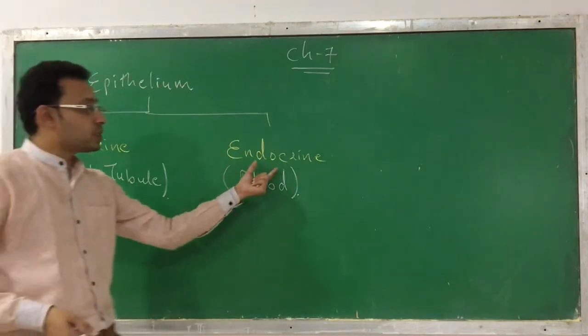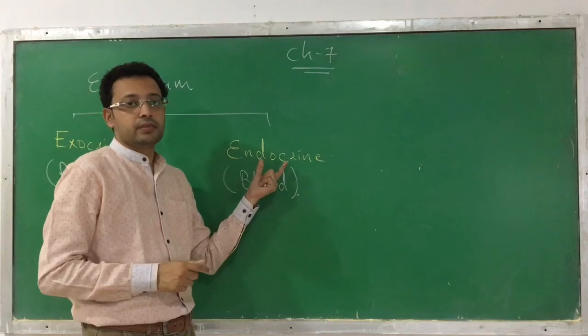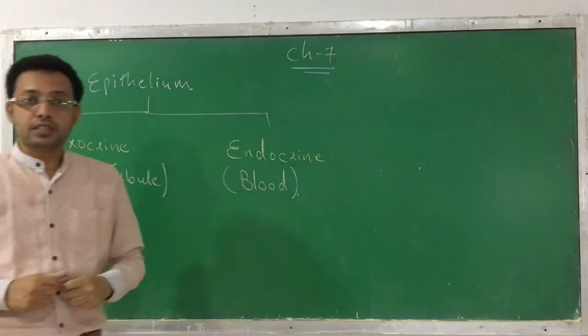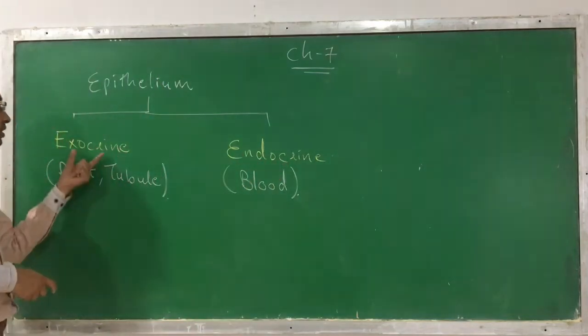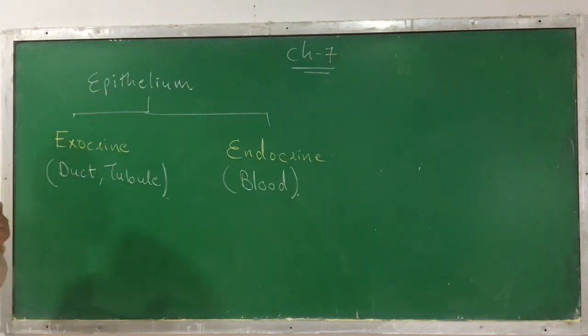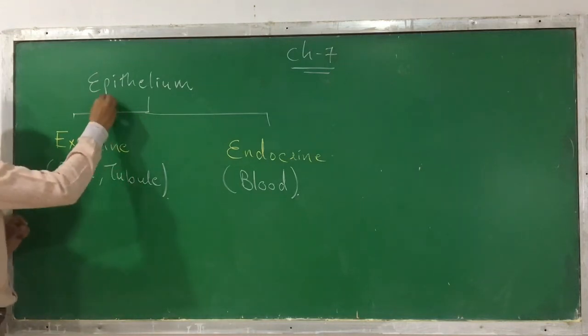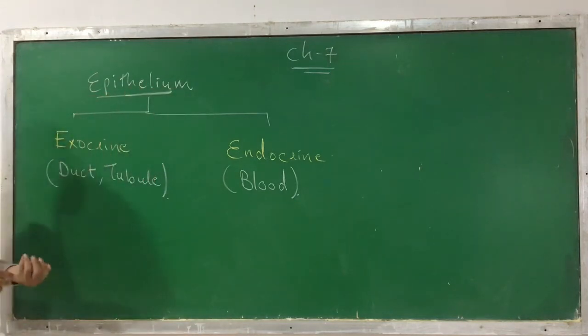Regarding this we will learn in the last chapter, chemical coordination and control. They all are endocrine glands. But in this chapter we will learn about exocrine glands, which secrete their secretions into ducts and tubules, and they are made up of epithelial tissues.